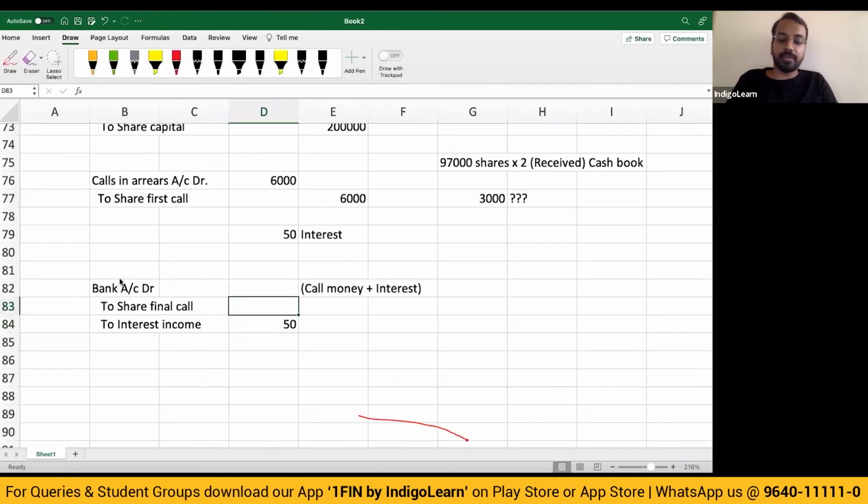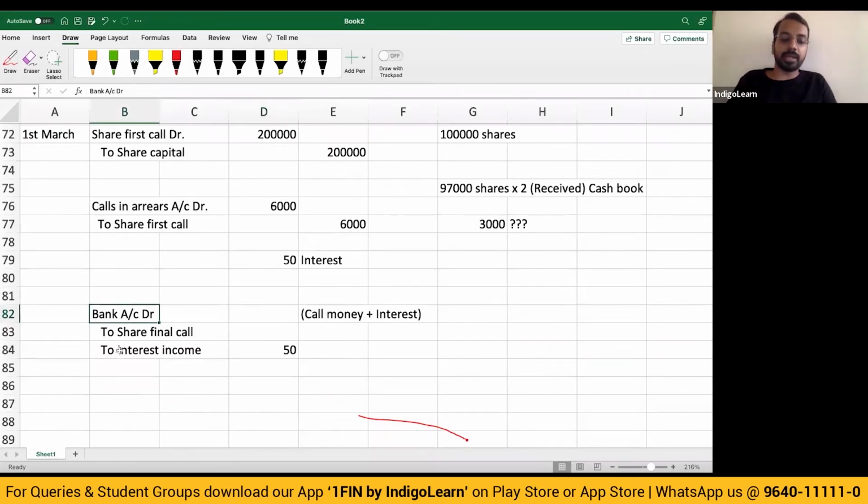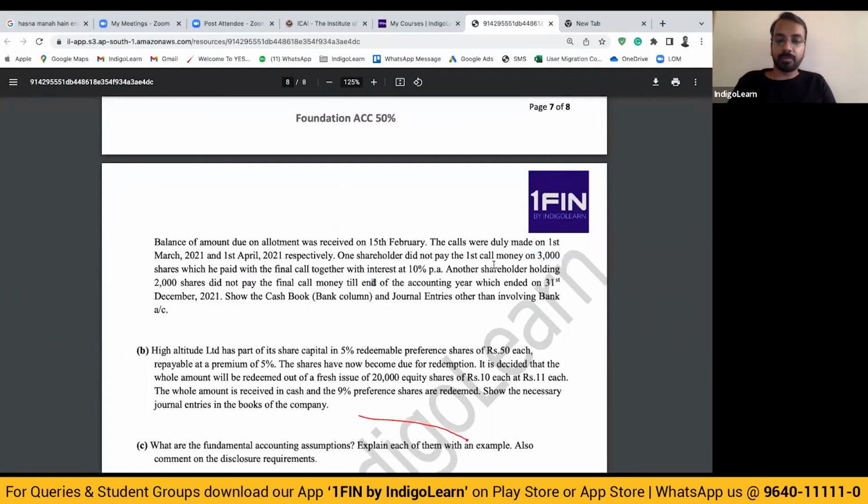Okay, whatever is the share final call amount here, that you will write here, and whatever is the amount that is received in bank, you will write here. Just that you have to credit the interest income separately to the interest income account. Now this entry will be passed through the bank book. Similarly, here, though that person holding 2,000 shares did not pay the amount, so you will receive only 98,000. Correct?